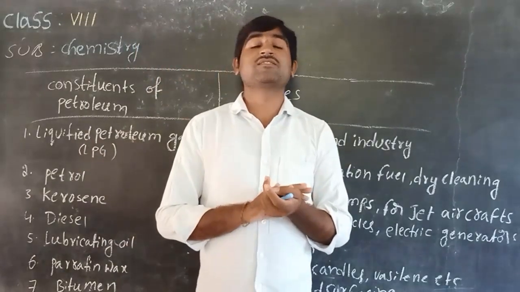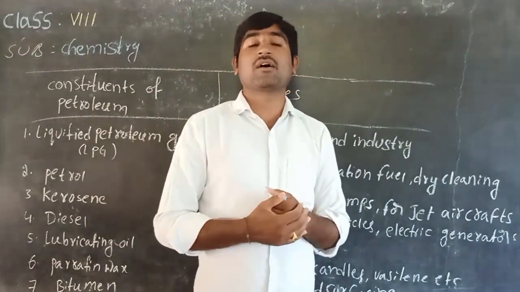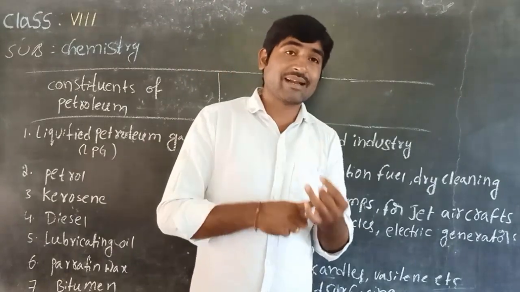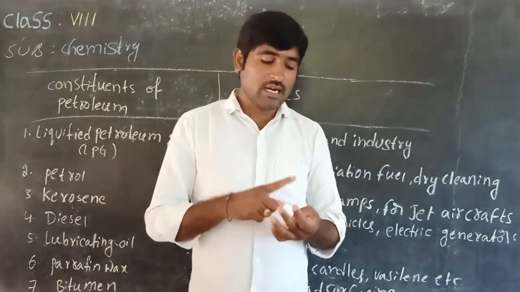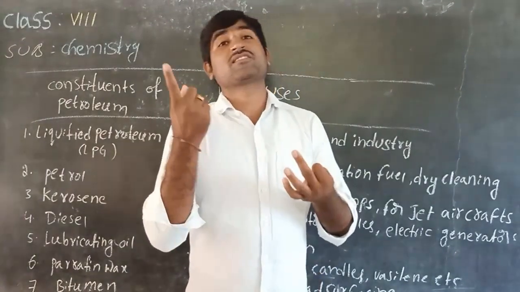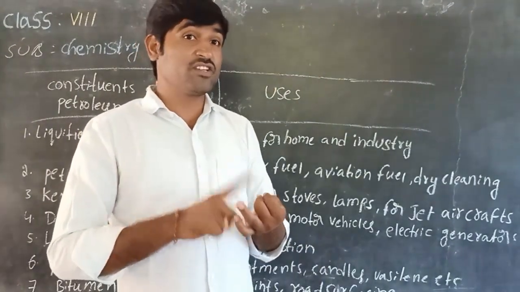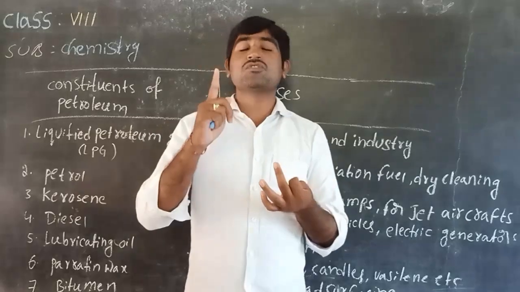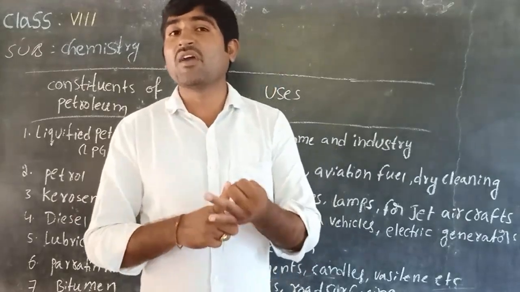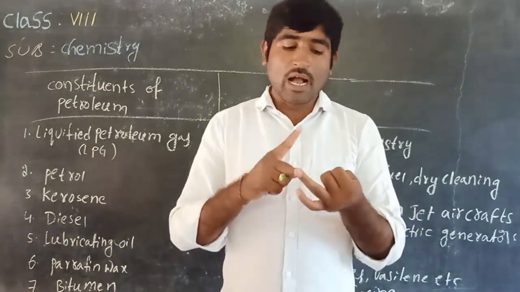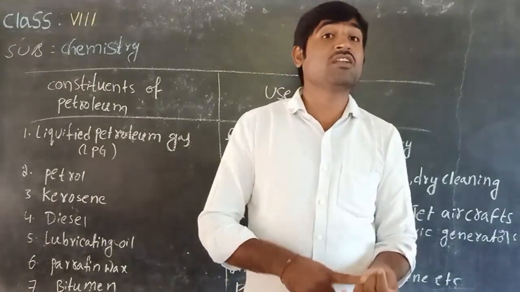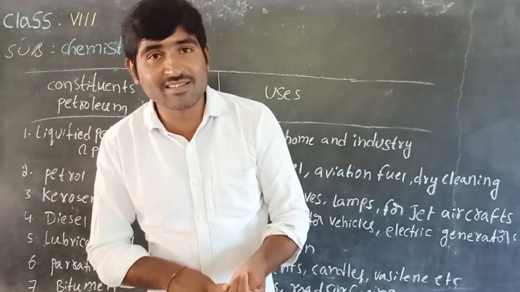These petrochemicals are the starting material for manufacturing of drugs, dyes, things like that. Okay, children? Drugs, dyes, various kinds of fibers, synthetic fibers are being discussed. So, most of the synthetic fibers are prepared by using petrochemicals as the raw materials, like nylon, acrylic, polyester, polythene and various kinds of plastics.